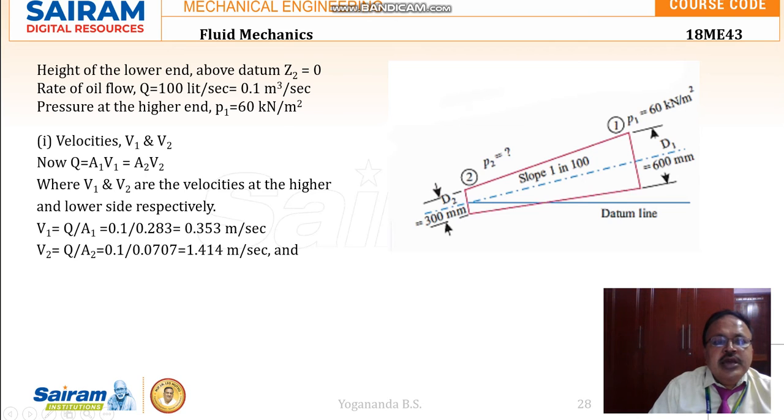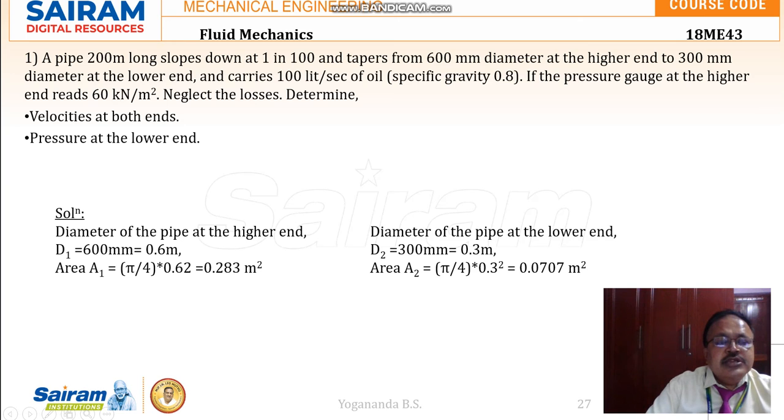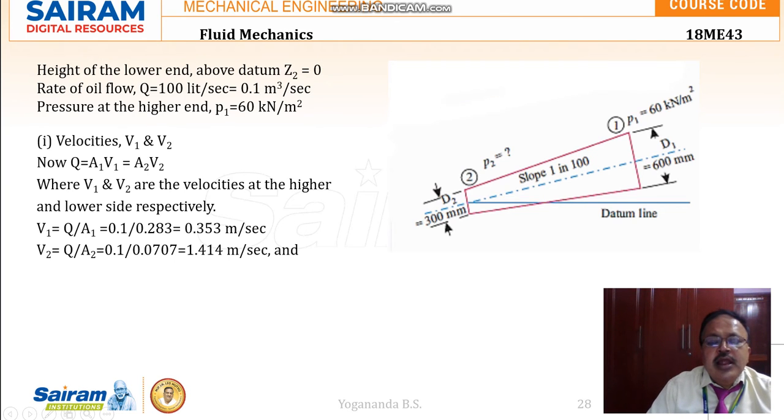The pressure at the higher end, P1, is known, 60 kilonewton per meter square. You are asked to find out P2 and the velocities V1 and V2 at both the ends. Now Q is equal to A1 V1, that is equal to A2 V2, where V1 and V2 are the velocities at the higher and lower side respectively.